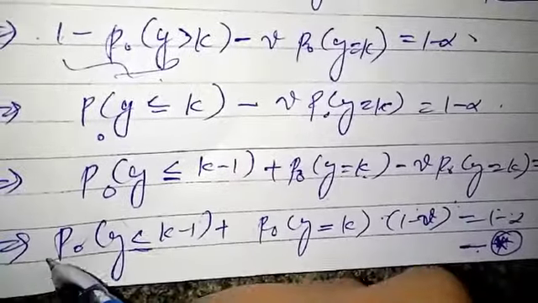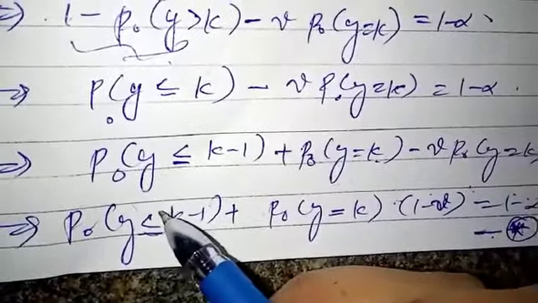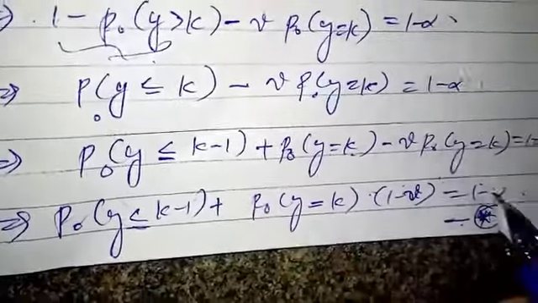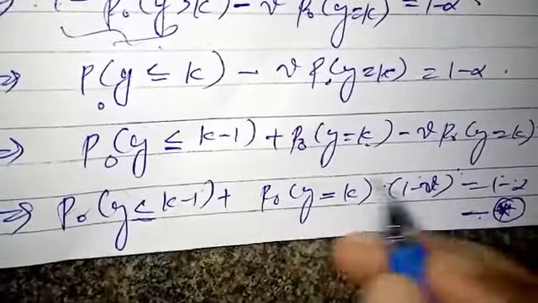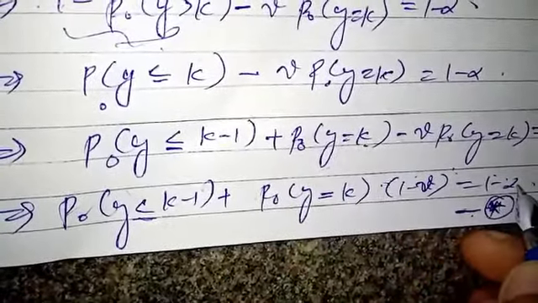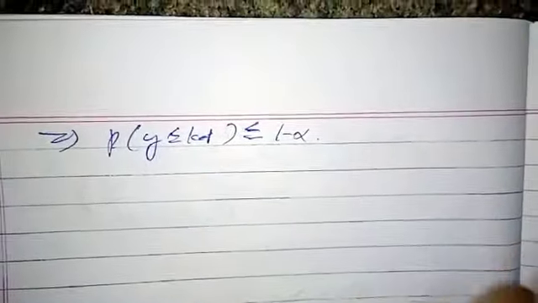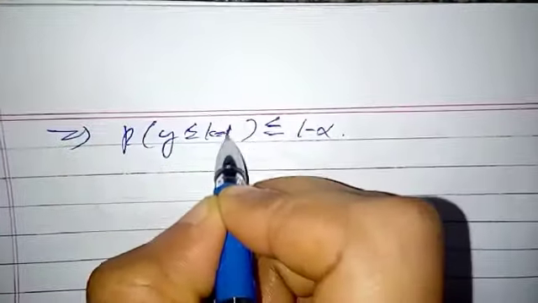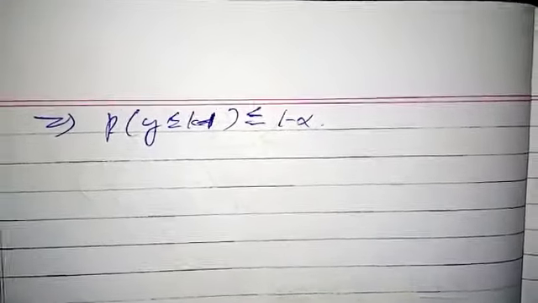If you take only this one term, then probability of Y less than or equal to k minus 1 is less than or equal to 1 minus alpha, right? So using these we want to find the value of k and also the value of gamma.